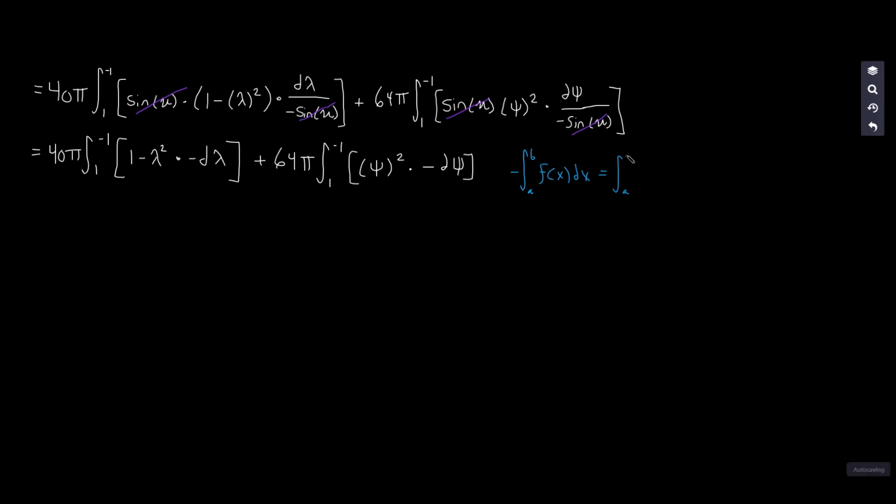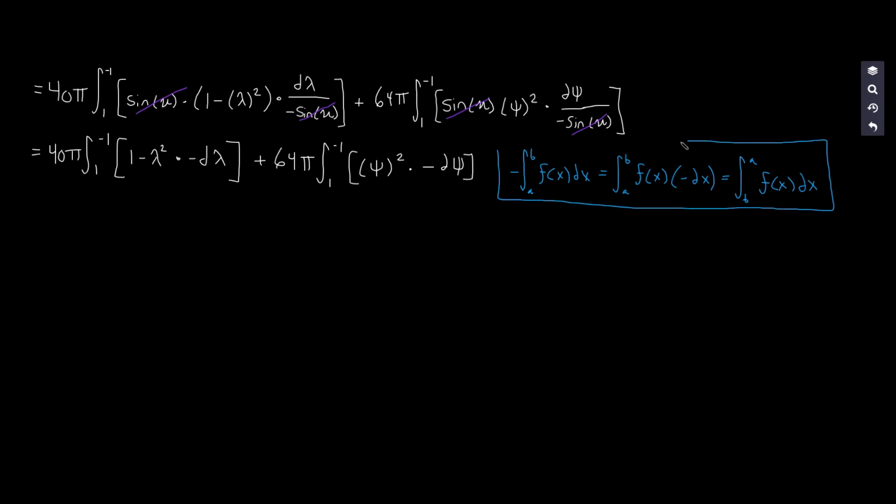So that's the definite integral from a to b of f of x times negative dx, right? And that's also the same thing as flipping the bounds of integration. Now we have the integral from b to a of f of x dx. We are going to apply that here.